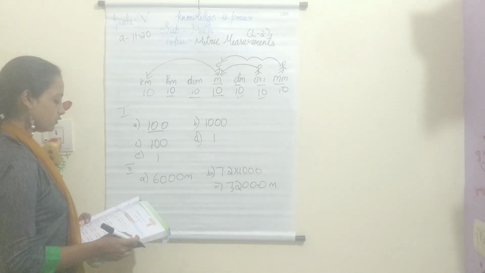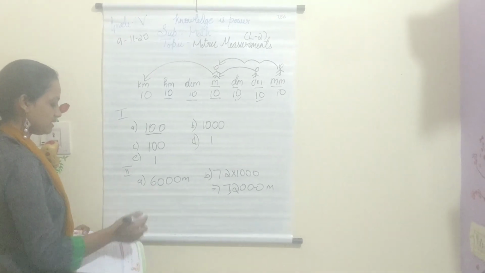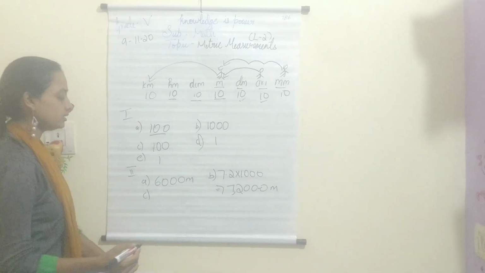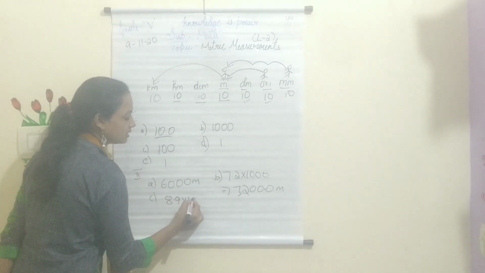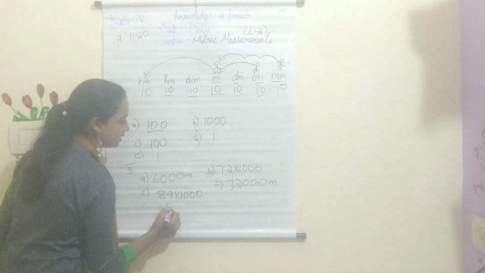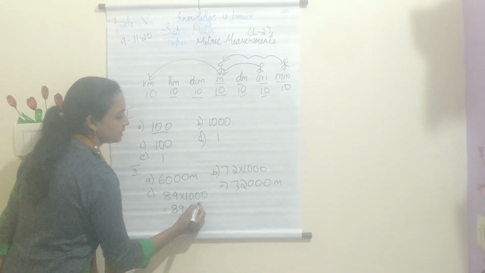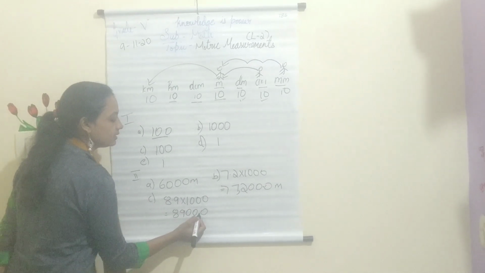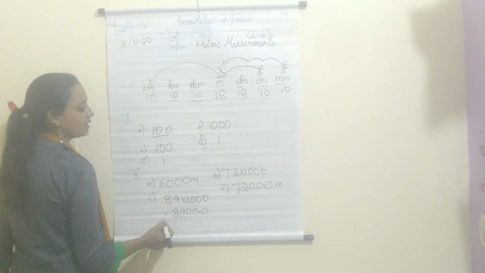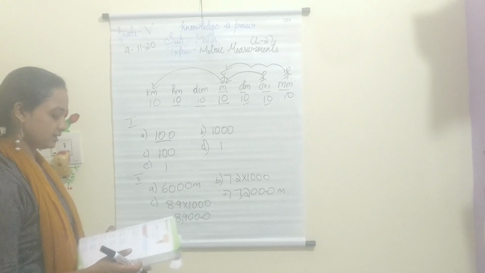Now go for C. 8.9 kilometers. 8.9 into 1000 will be 89 and 3 zeros. After one number, keep a decimal point. Answer is 8900.